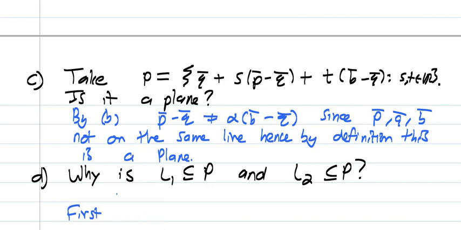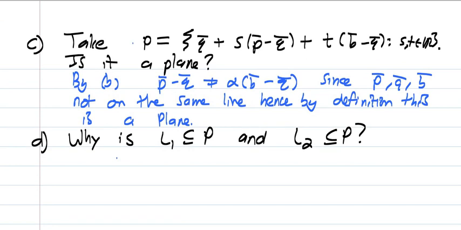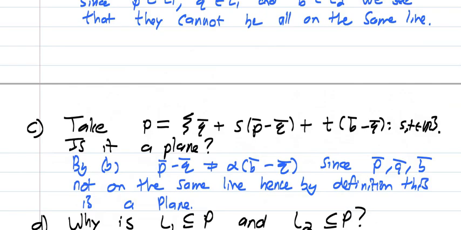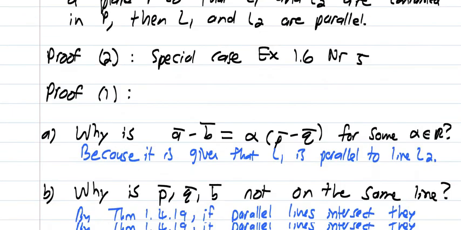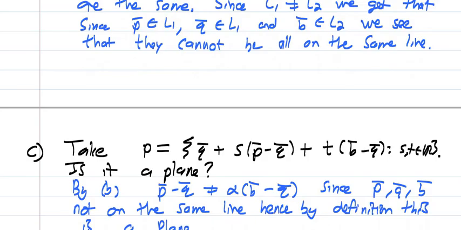This is a plane. If you look at the equation, you can see that S equal to T equal to naught gives Q, so Q is sitting in P. And where is point Q sitting? Point Q is sitting on line 1. And so Q is sitting on line 1.